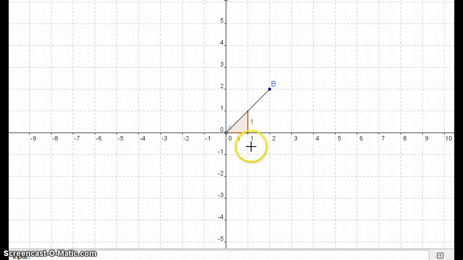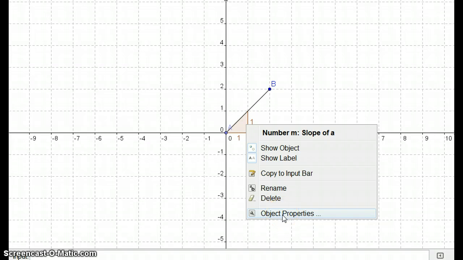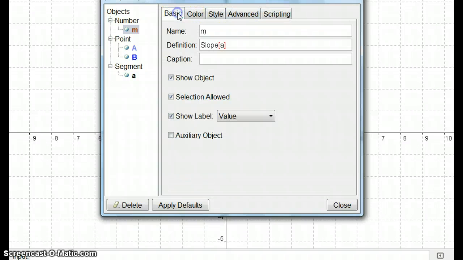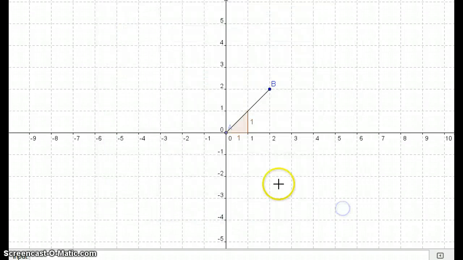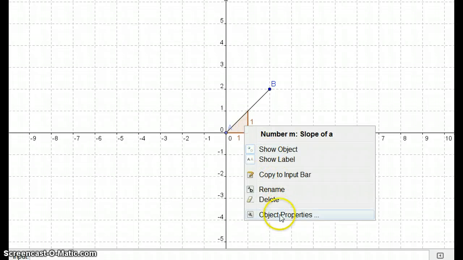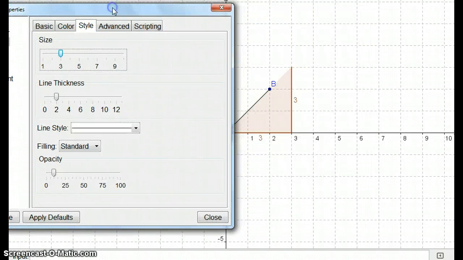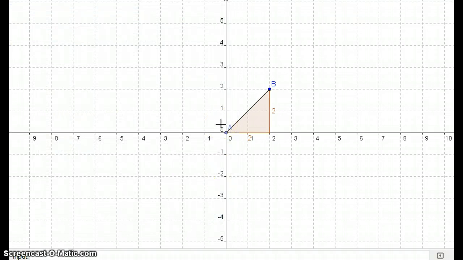I've just put it on the board. 1 over 1, or what's another way of saying 1 over 1? One over 1 or 2 over 2 is the same as 1.